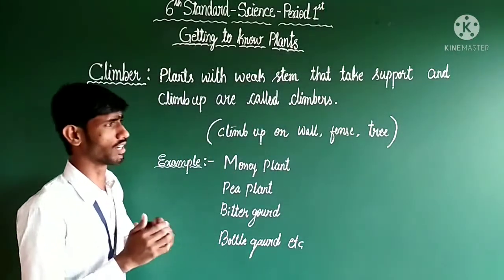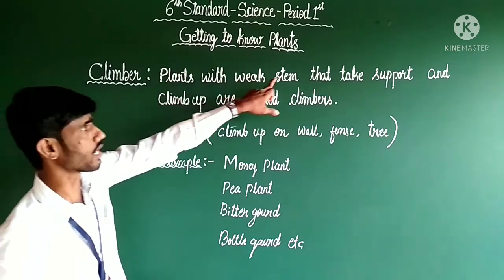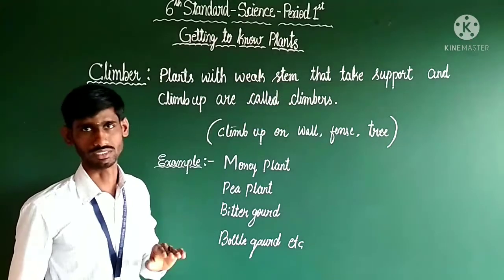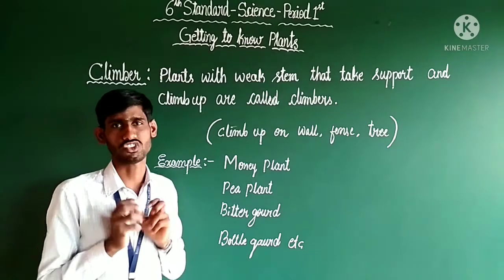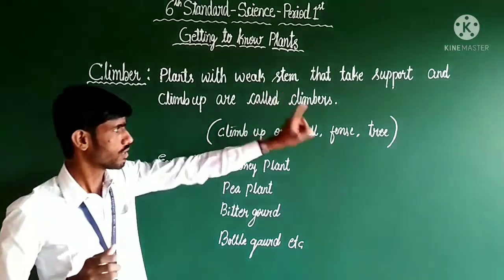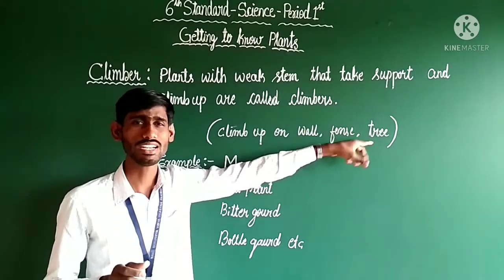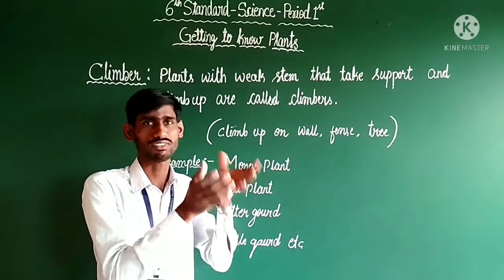Climber. What is a climber? Or define climber. Plants with a weak stem that take support and climb up are called climbers. A few plants can climb up by the neighboring structure. Which are those neighboring structures? Might be a wall, might be a fence, might be a tree, and etc. These are all the specific neighboring structures of the plants.